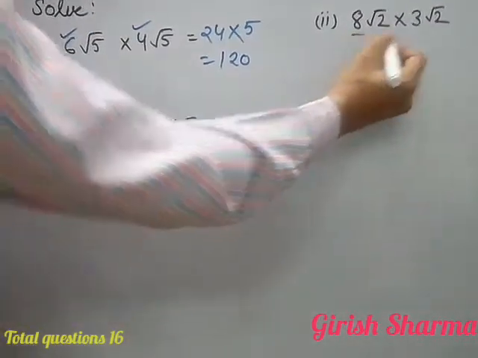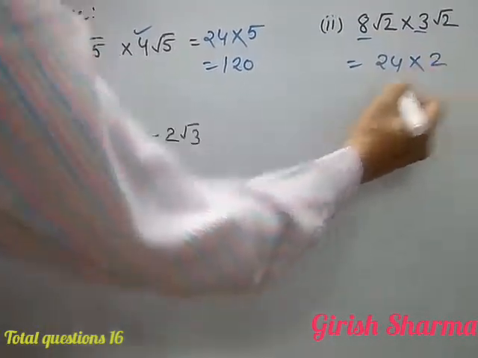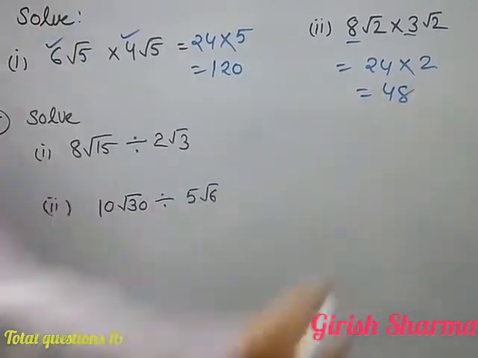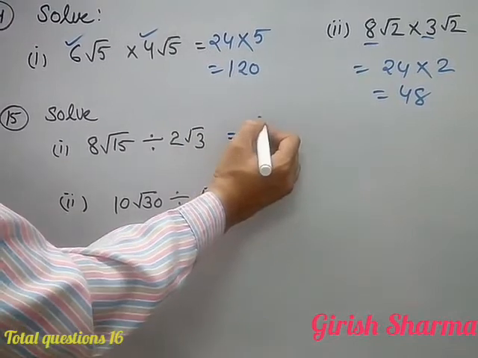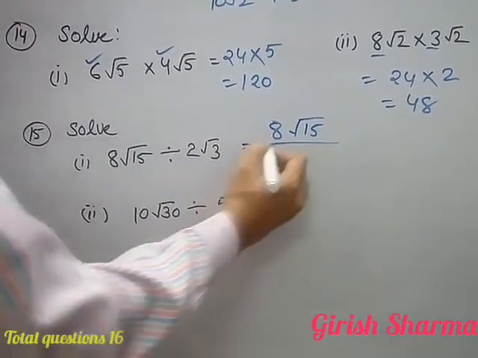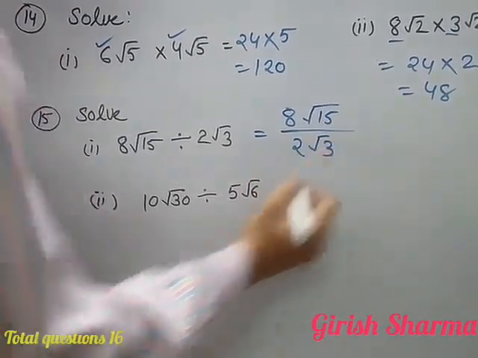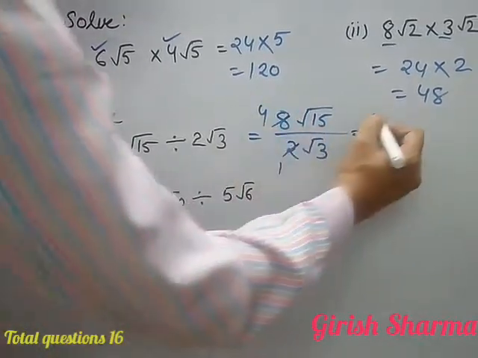Here, 8 3s are 24. Root 2 into root 2 is 2. 24 2s are 48. Division you have to solve. How to solve division fast in an objective exam? 8 root 15 by 2 root 3. So what to write? 2 4s are 8.